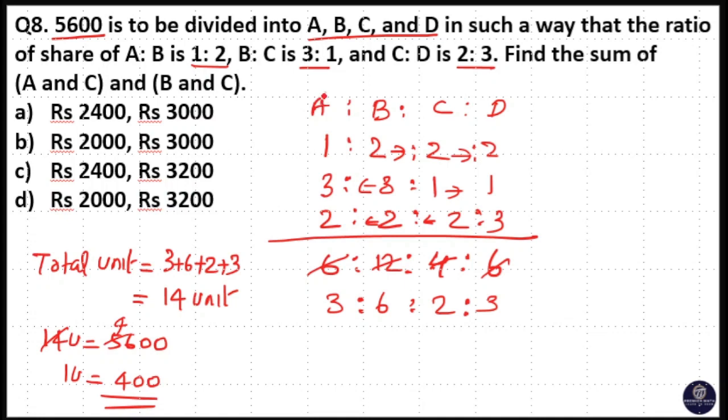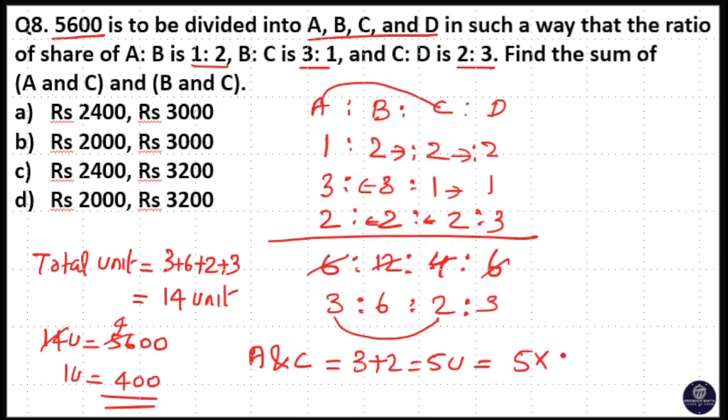So they are asking A and C. A and C is 3 plus 2, 5 units. That is 5 into 400 is equal to 2000.